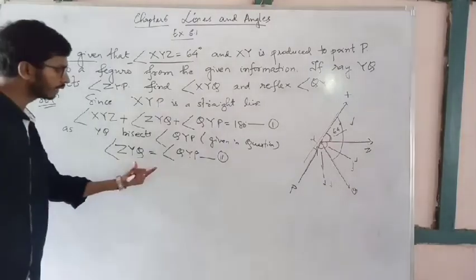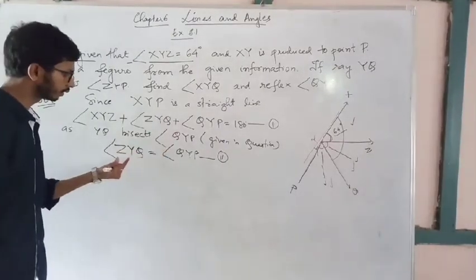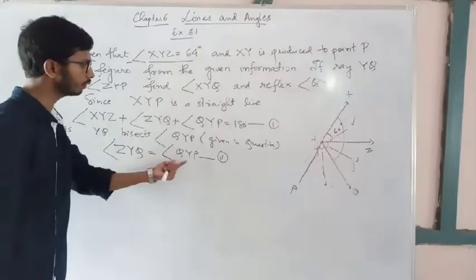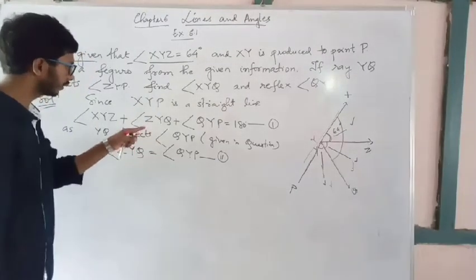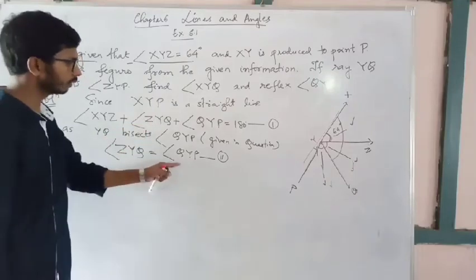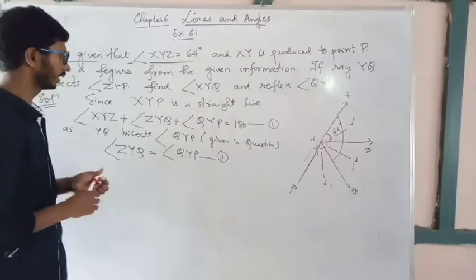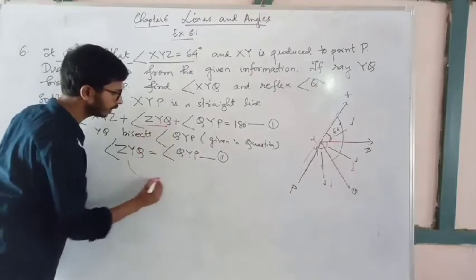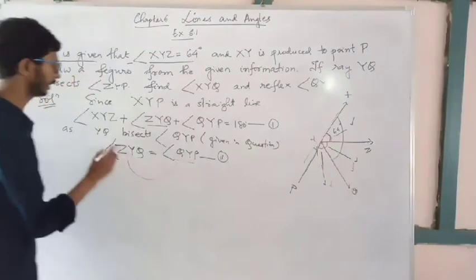So now we'll put this value in equation number 1. So ZYQ is equal to QYP. So in place of ZYQ, I will put QYP.